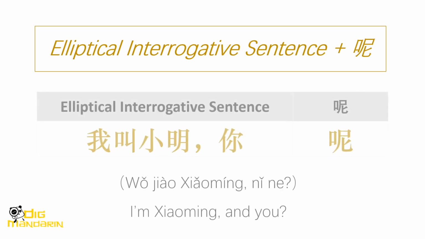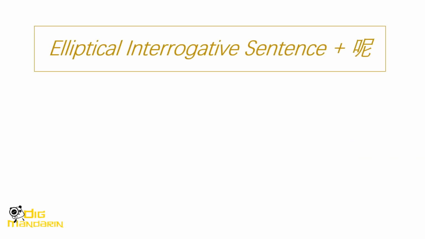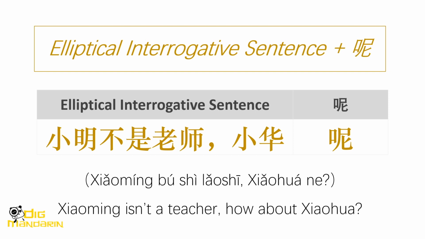Example 1. 我叫小明，你呢? I'm Xiaoming, and you? Example 2. 小明不是老师，小华呢? Xiaoming isn't a teacher. How about 小华?